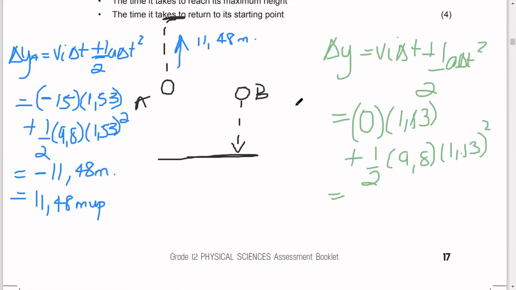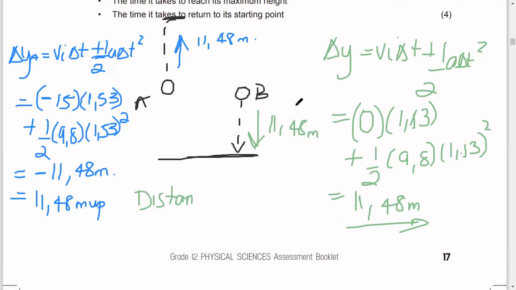I'll punch that into my calculator, also giving me a positive distance of 11.48 meters.